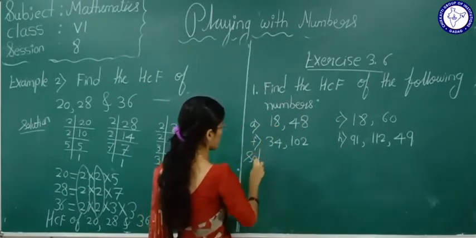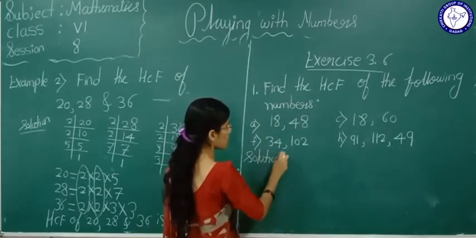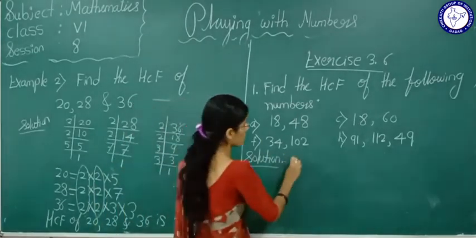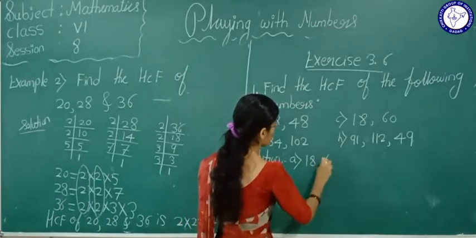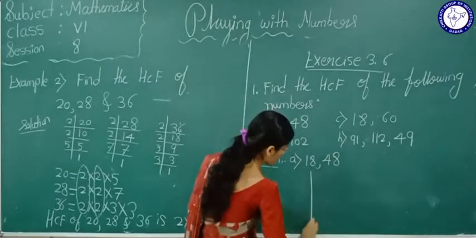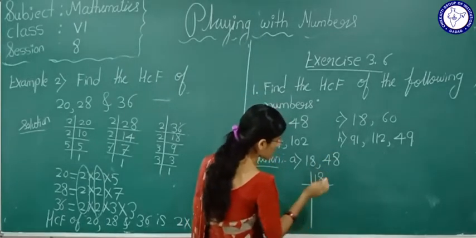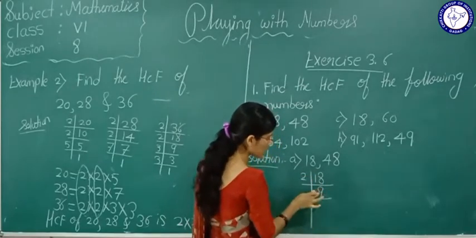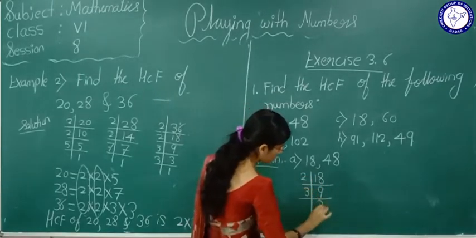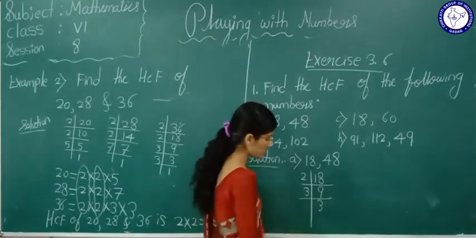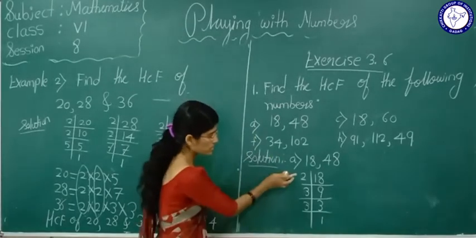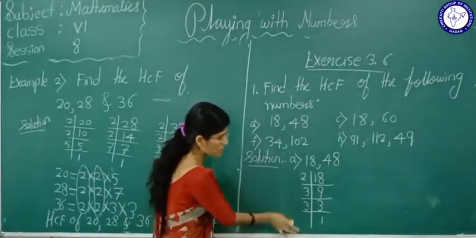See a solution. So how to find the HCF? What I told the method, do the prime factorization of each number. So do the prime factorization of 18. See here, 2 9s are 18. Again this 9 is divisible by 3, 3 3s are 9. Again 3 1s are 3. Here these should be prime factors.